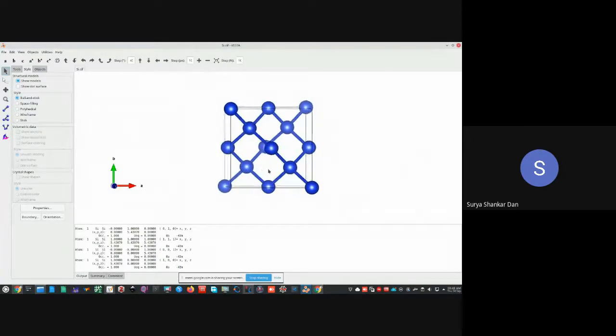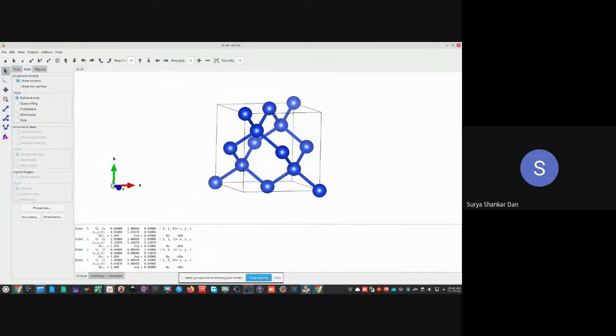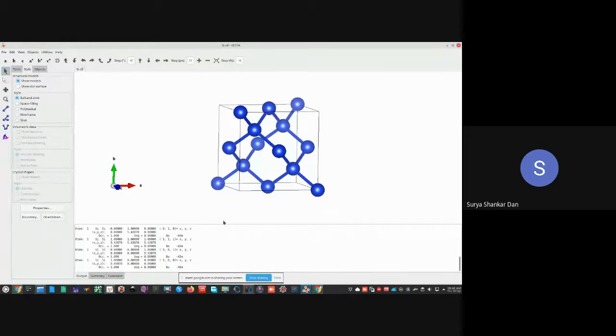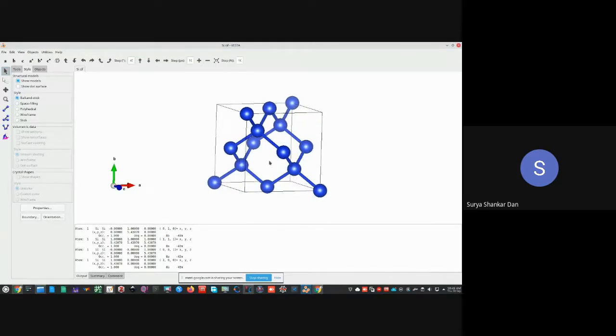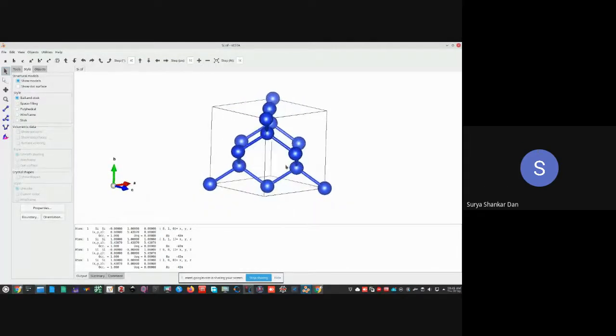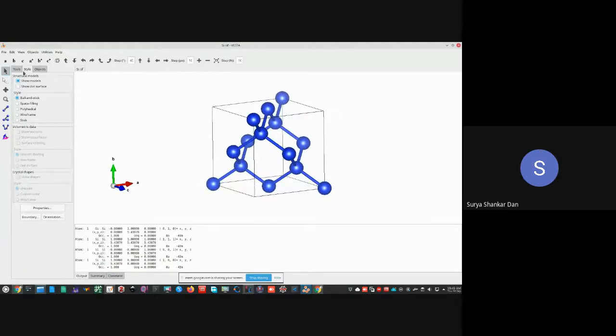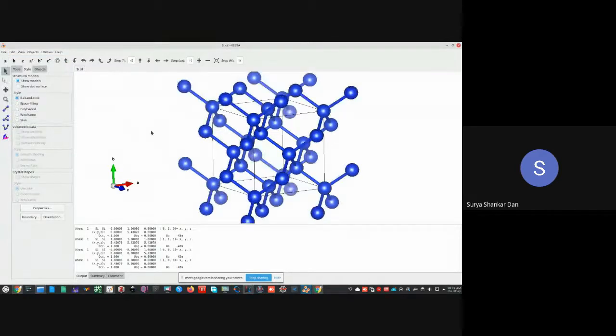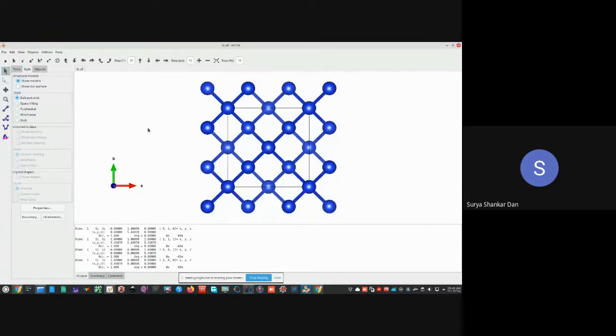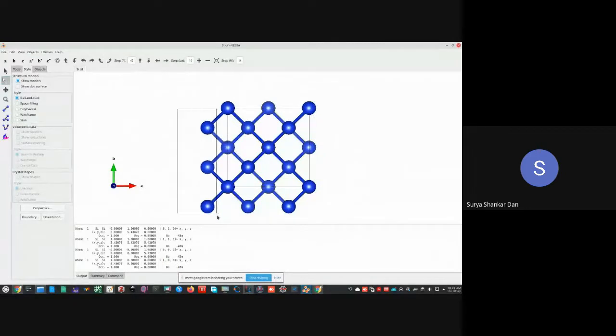Okay, now what we will try to do. So one thing is clear for us, that the silicon crystal is a diamond lattice. ठीक है, that is interpenetrating FCC. अब यहाँ पे interpenetrating क्यों है? अब देखते हैं. If you notice here, okay, then what I shall do is, I'll get back to the original one again, cut away the atoms which are outside the primitive cell.